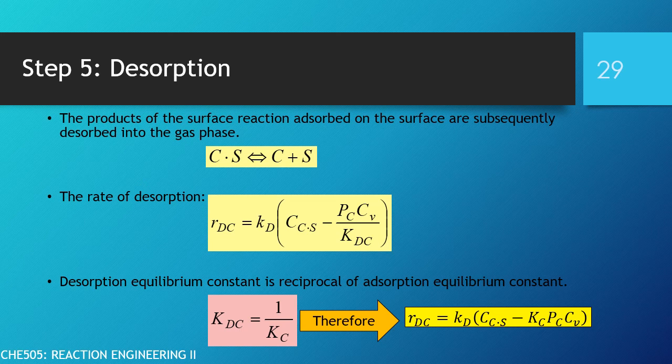We replace 1 over K_DC in the rate of desorption equation with K_C, and then rearranging, you will get the equation in the yellow table. So r_DC, the rate of desorption of C, equals k_D, the rate constant of desorption, times the bracket C_C.S minus K_C P_C C_V. Capital K_C is the equilibrium constant for adsorption of C. Okay, that's all.